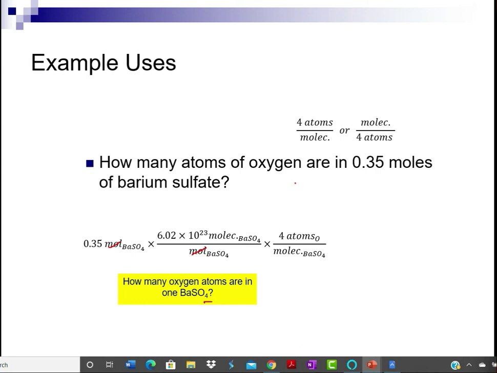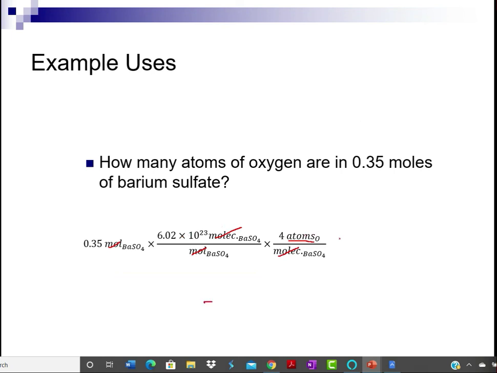If I use that correctly, making sure my molecules cancel, leaving me with only atoms, then I do the math, 0.35 times 6.02 times 10 to the 23rd times 4, I get that there are 8.4 times 10 to the 23rd atoms of oxygen in that barium sulfate.